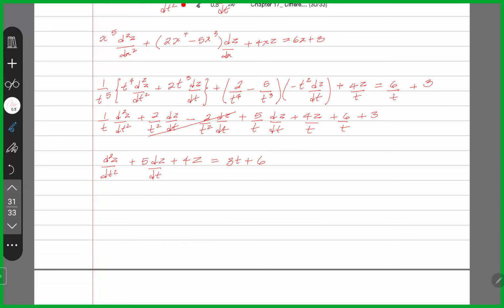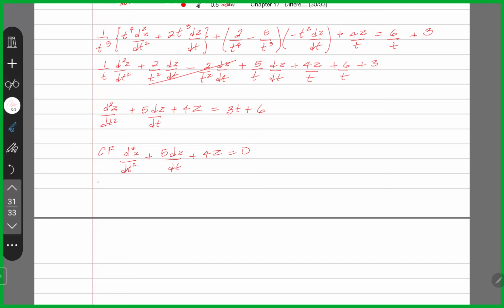Now what we have is a non-homogeneous second order differential equation. To solve, we need to first find the complementary function, which is the solution of d2z by dt squared plus 5 dz by dt plus 4z is equal to 0.